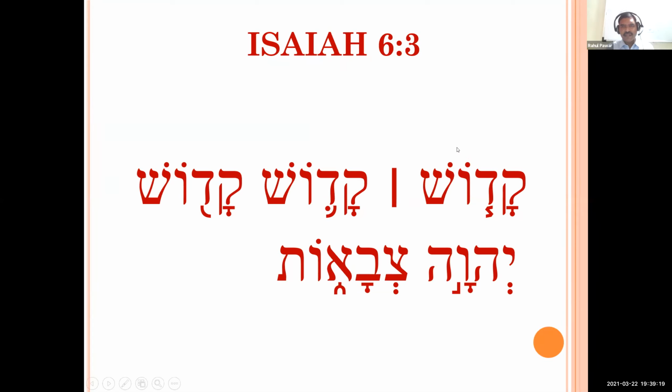This is the printed version, so you may find it like this only. So after Dalet, this is which vowel? Can anybody tell me? Holam Vav. So it will be Do. And then this is which, Sin or Shin? Shin.